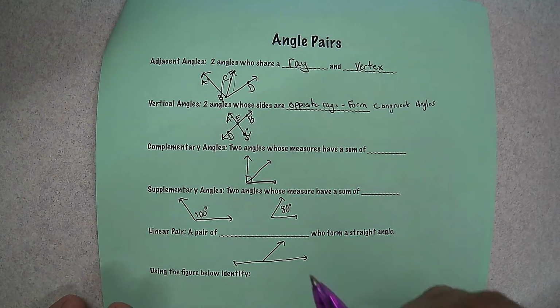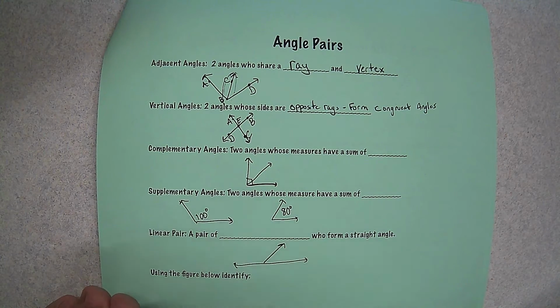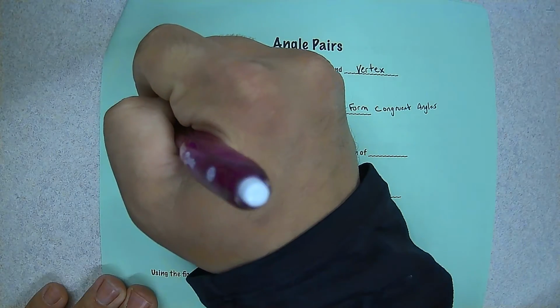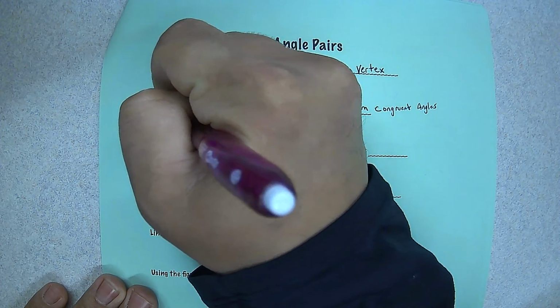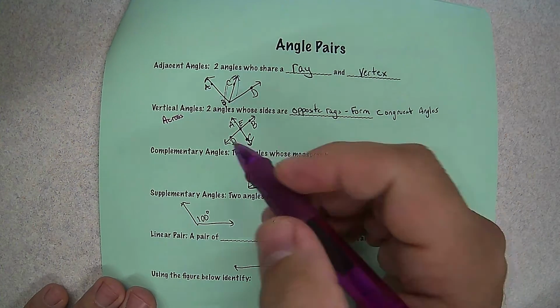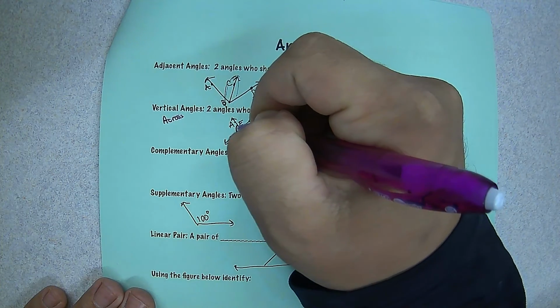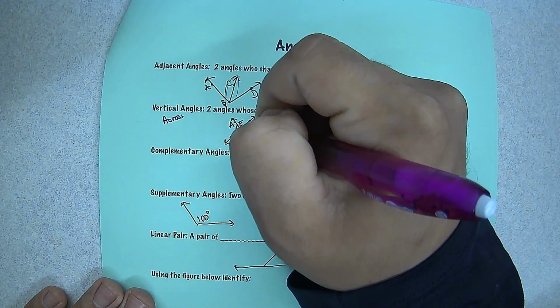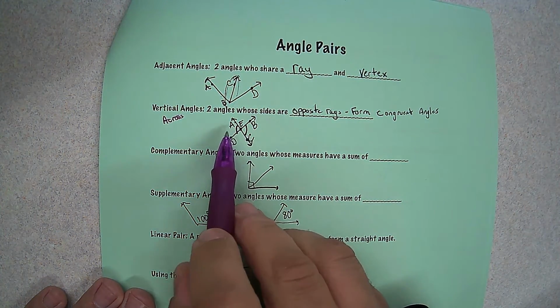The vertical angles here, I think of as across. They're across from each other. And they generally form an X, but we would have angles right here that are vertical angles.